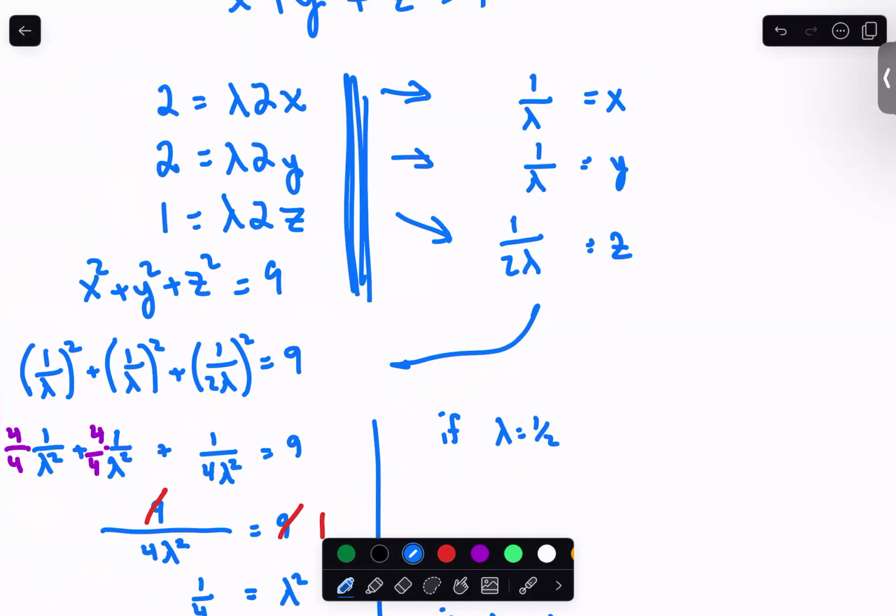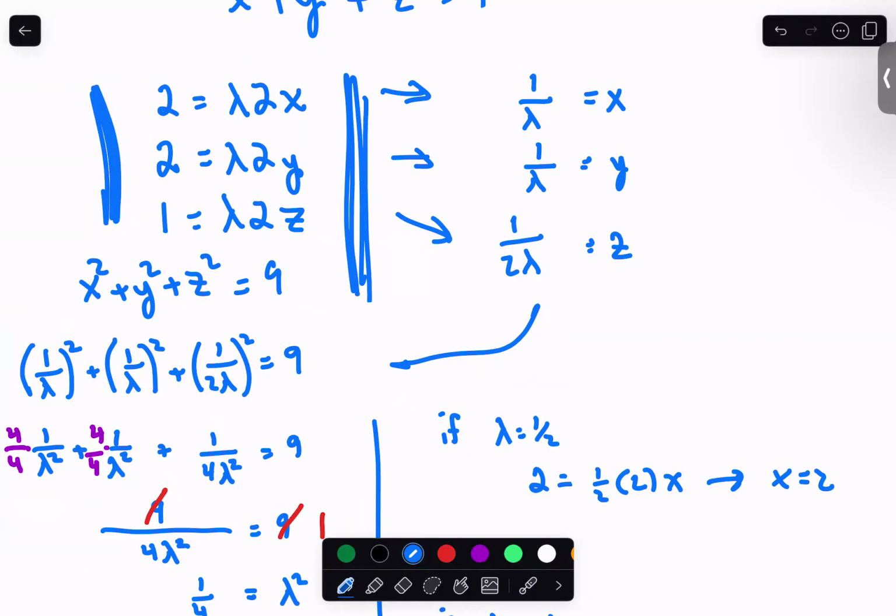So for instance, my first equation, if lambda is equal to 1/2, it would say that 2 is equal to 1/2 times 2 times x. Again, just plugging in 1/2 everywhere I see lambda. And I'm looking at my first 3 equations up here now. So in this case, I just get that x is equal to 2.